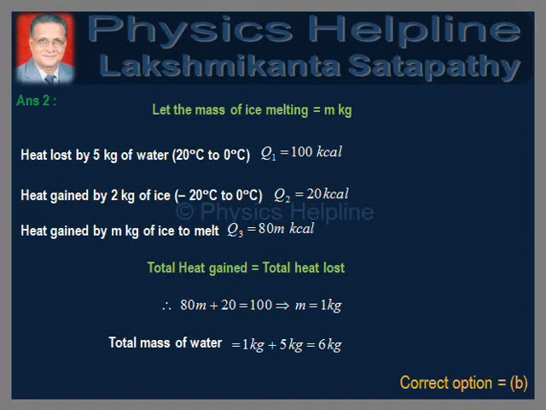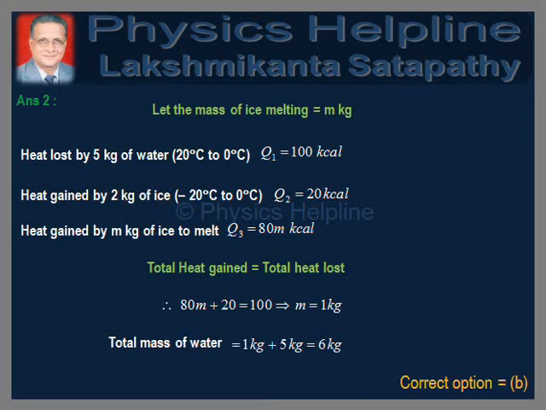Therefore, we write Q2 is equal to 20 kilocalories. Now, heat gained by m kg of ice to melt is equal to 80 m kilocalories. Therefore, we write Q3 is equal to 80 m kilocalories.